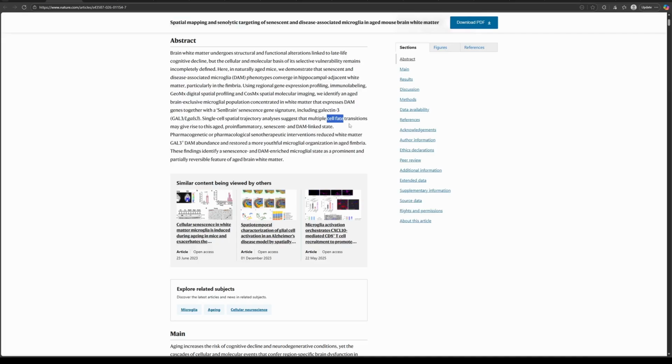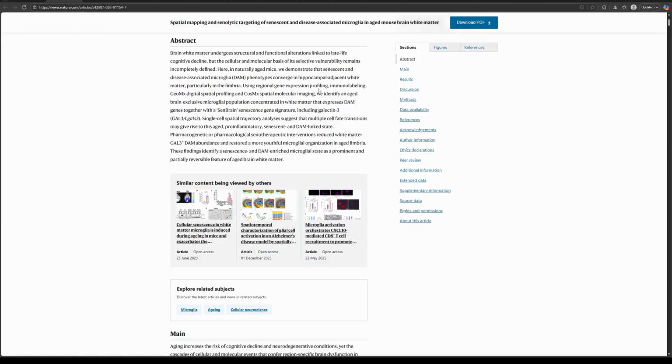And what these microglia are doing, they are changing the cell fates, or the type of cell that these non-specialized cells are transitioning into. So instead of transitioning into a regular neuron, this cell that was otherwise functioning regularly might transform into a senescent neuron, or it might transform into something that is not a neuron.